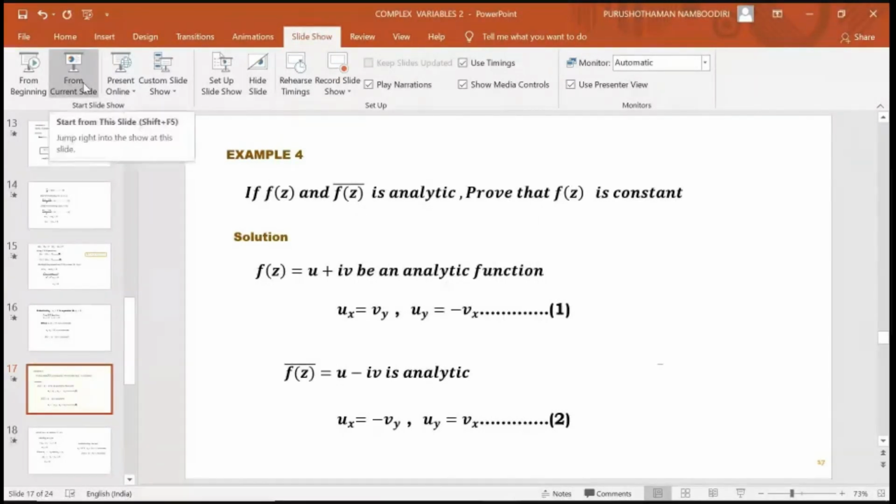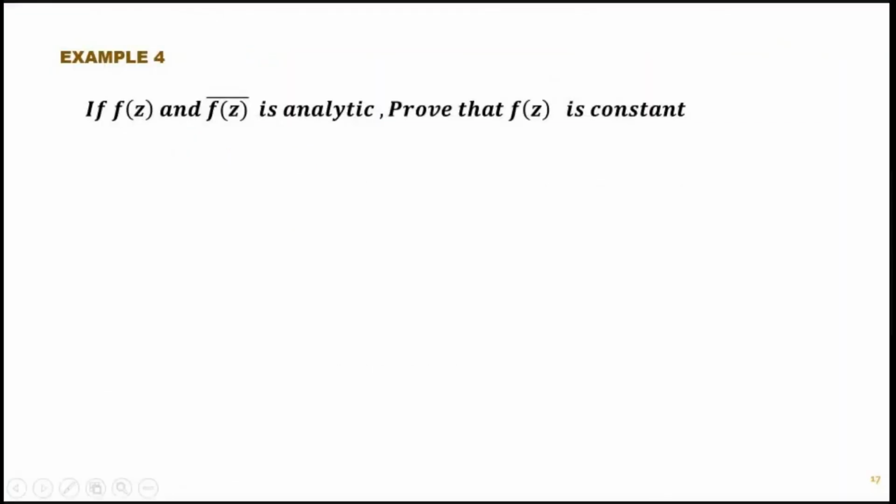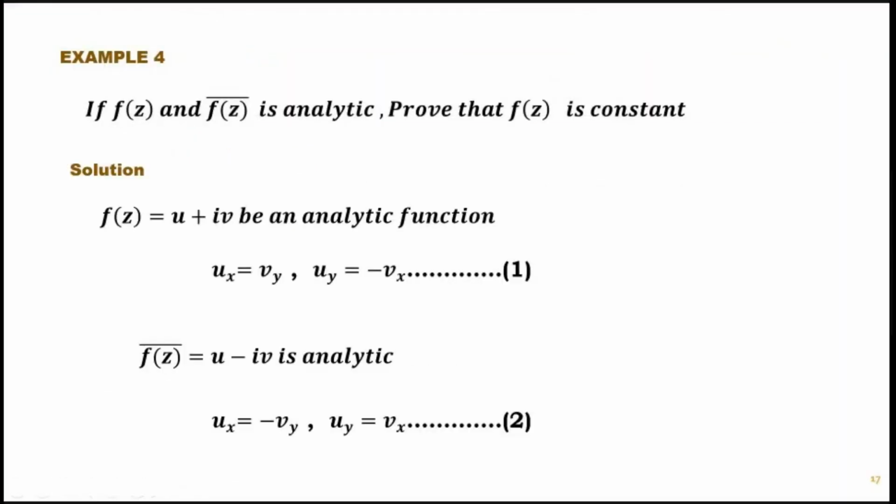So we have got two equations. Now from these two equations, how do we get ux is 0, uy is 0? From these two equations, can you show ux is 0, uy is 0?